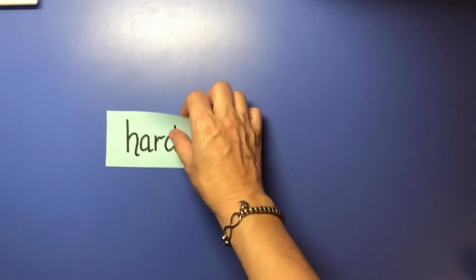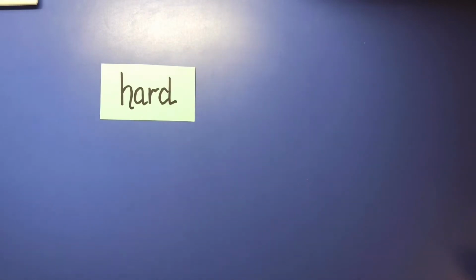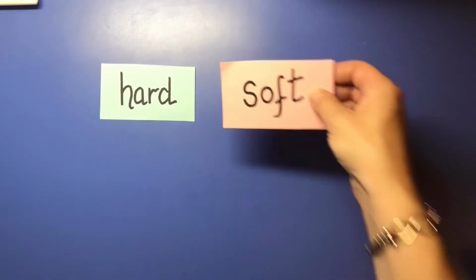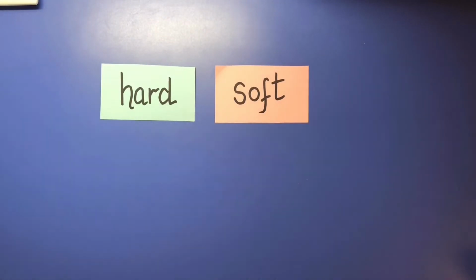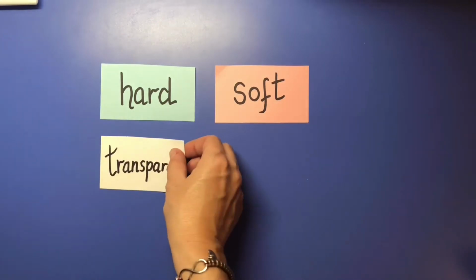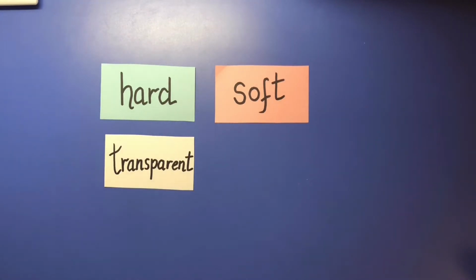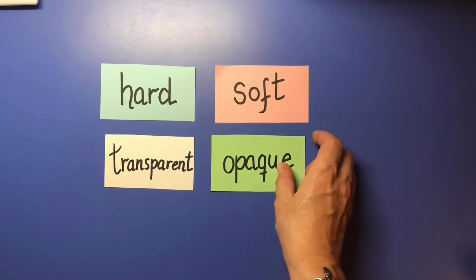So let's remember. Hard is the opposite of soft. Transparent is the opposite of opaque.